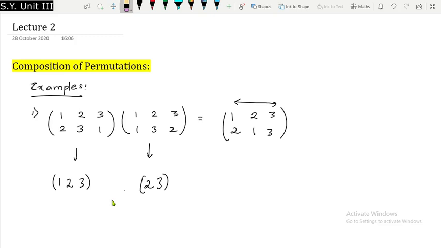So in cyclic form this will be equal to, now again I am going to start with 1, but you can see 1 is missing over here, it means 1 is mapping to 1. Now I will come here, 1 maps to 1, so over here 1 maps to what? 1 maps to 2, therefore 1 is mapping to 2. Now 2 is mapping to 3 and 3 is mapping to 1, therefore 2 is mapping to what? 1.